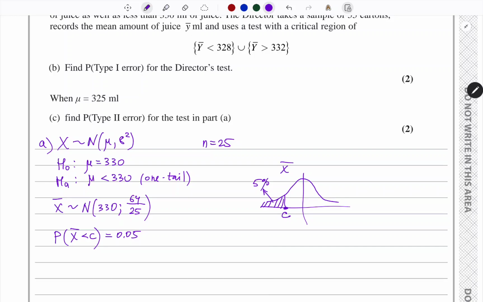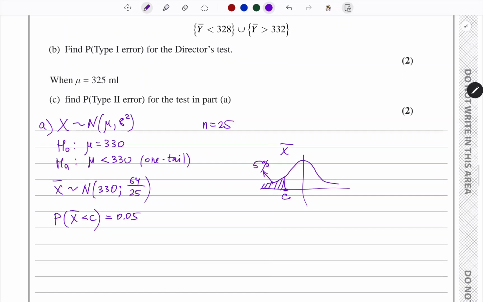So it's an inverse normal distribution problem because the left area is given.